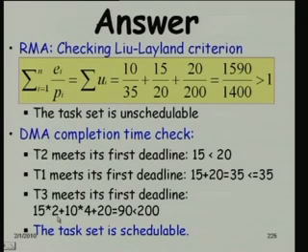See here, the occurrences have to be with respect to the period, isn't it? Implicitly in the calculation we have used that. How many times they occur is based on their period, not on the deadline. See here, 20 is the deadline, but the actual period is 200, isn't it?